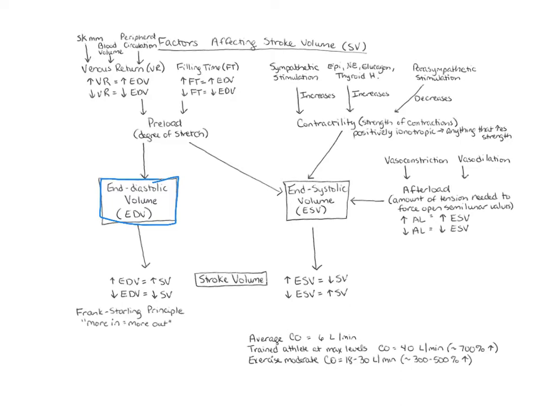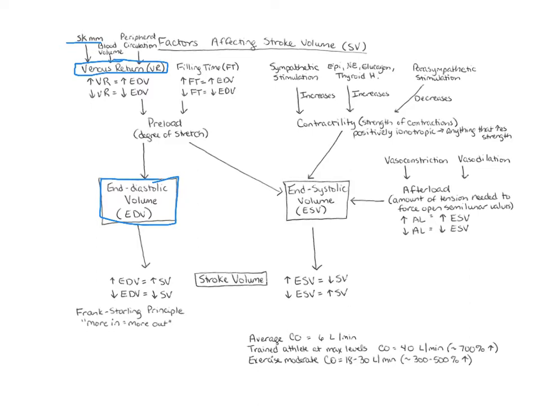First of all, the venous return. How much blood is coming back in those veins? That would affect end diastolic volume, don't you think? That would affect how much that ventricle filled up. The venous return can be affected by things like your skeletal muscles, because your skeletal muscles are supposed to squeeze those veins and push that blood back to your heart.